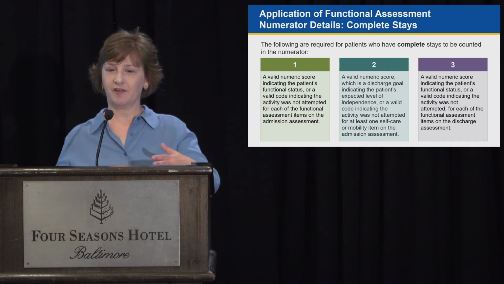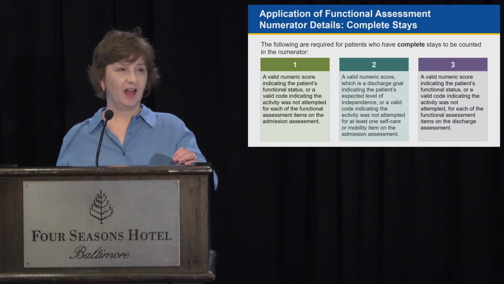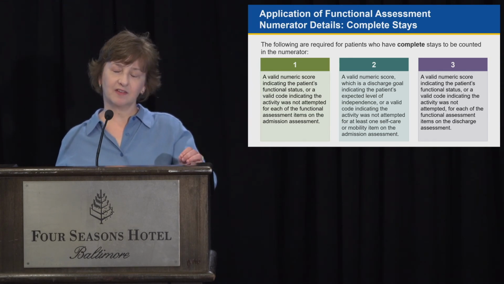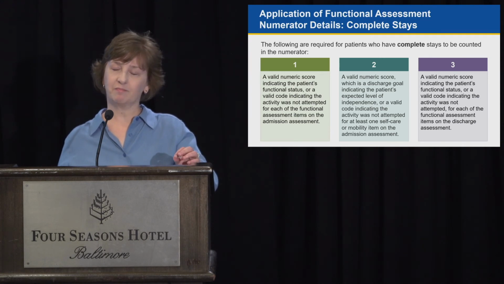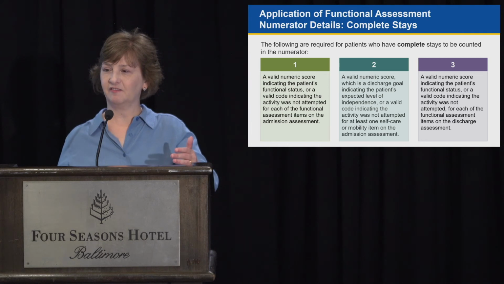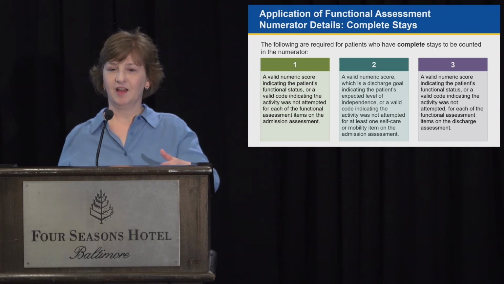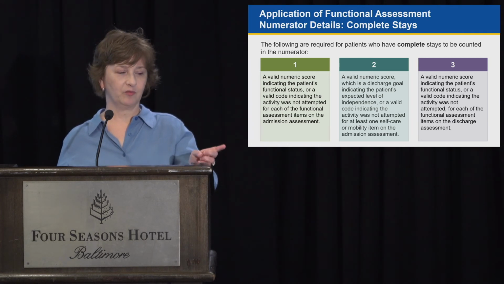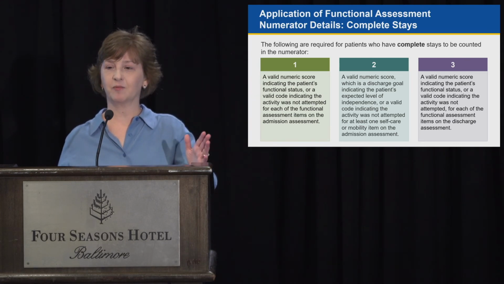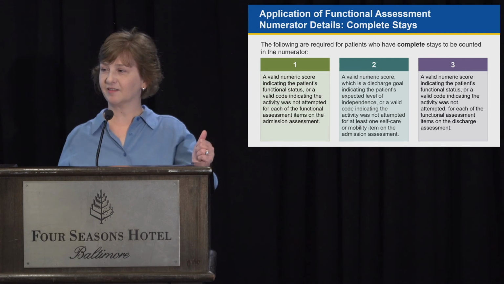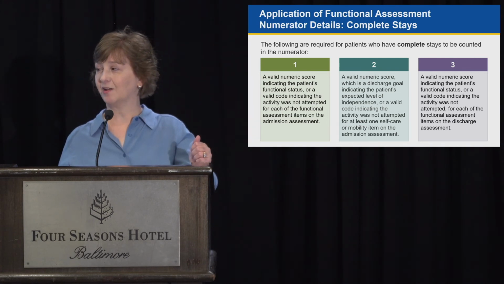Just to go through the details, in some instances, patients may not complete their stay. A person might leave on an emergency basis. So for this measure, we have 2 slides, one that refers to patients who have complete stays, and the next slide will refer to patients who have incomplete stays.